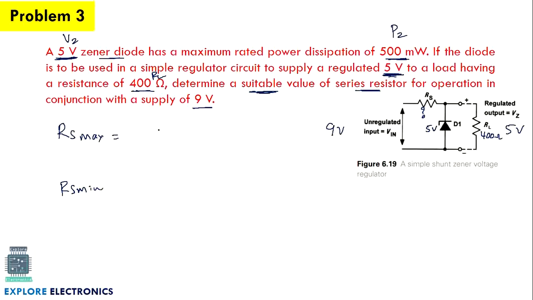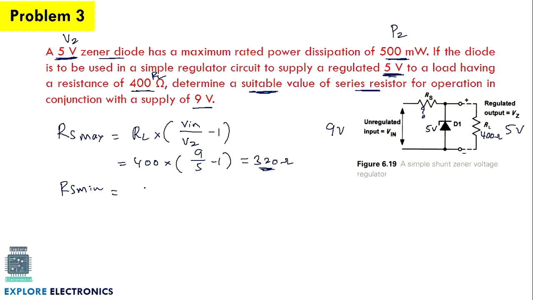RS maximum, we know that expression, is RL into Vin divided by Vz minus 1. This is the expression for RS maximum. If we substitute the values, 400 into 9 divided by 5 minus 1, it is 320 ohms. This is the maximum value of RS we can have. And also we can calculate the minimum value of RS. That is Vin into Vz minus Vz square divided by Pz maximum.